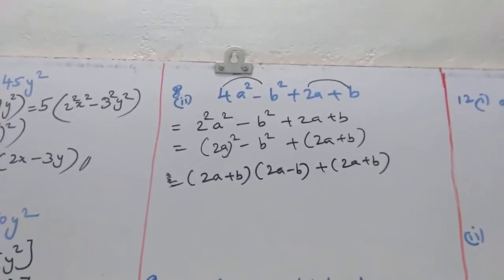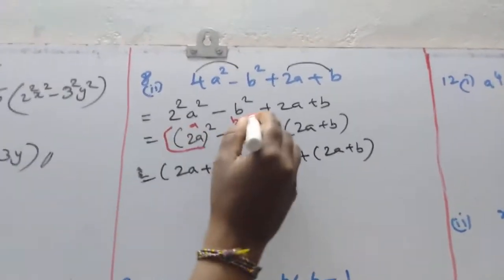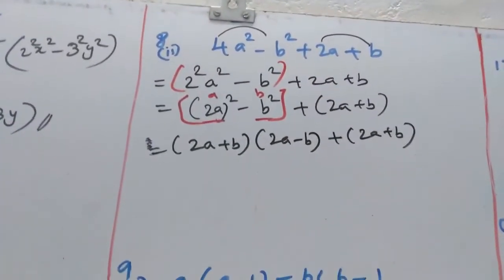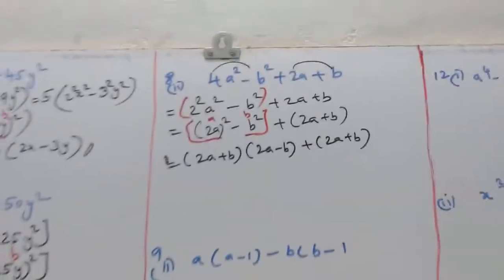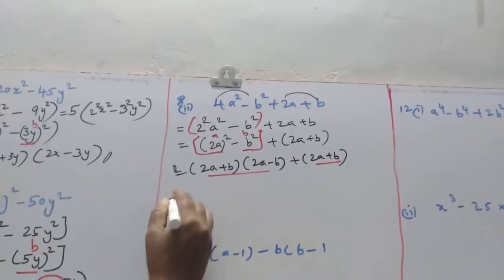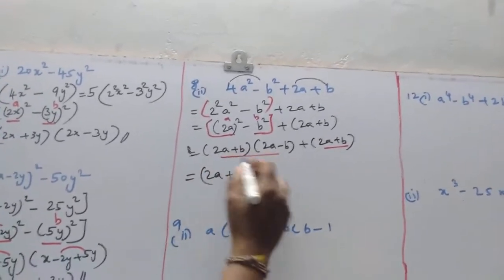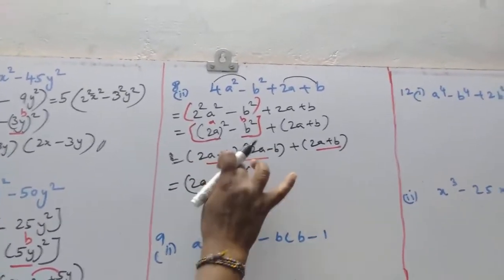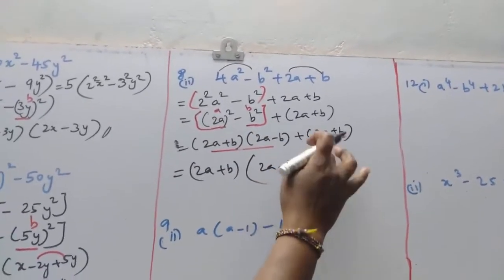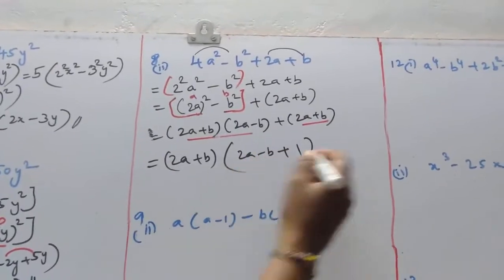So there are 2 terms here. This is one term and this is another term. In these 2 terms, 2a plus b is common. So we take 2a plus b outside, and the remaining, if we divide by 2a plus b, is 2a minus b, and here plus sign, 2a plus b divided by 2a plus b becomes 1. This is the solution.